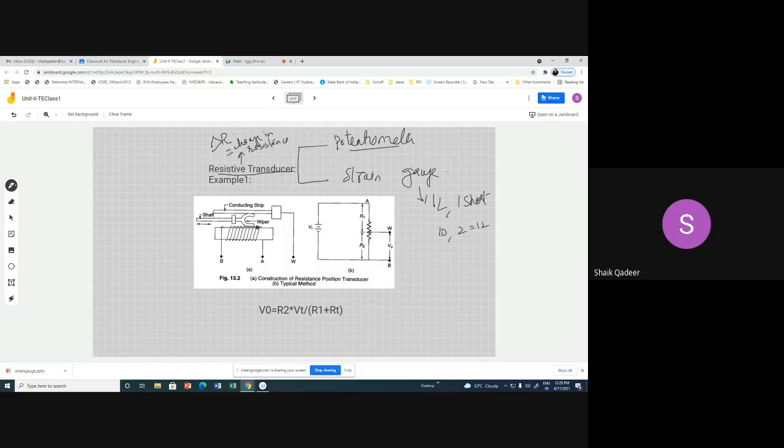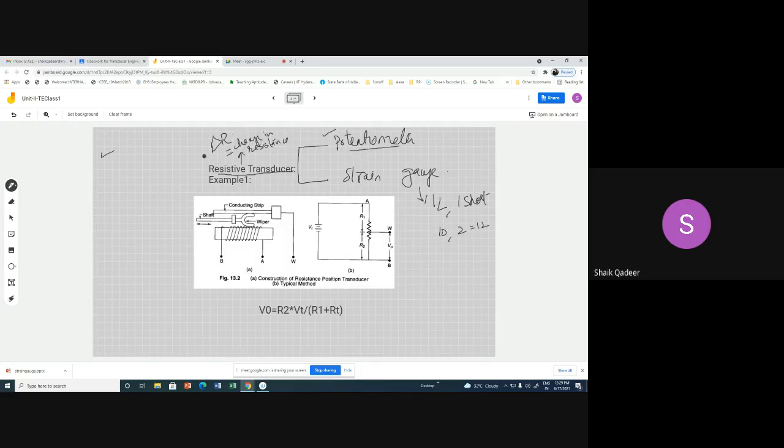So let us consider the first example of this device, which is the potentiometer. On your screen, the figure is of a potentiometer. Figure A is the construction figure and figure B is the equivalent electrical circuit. So the first point: definition of a resistive transducer.